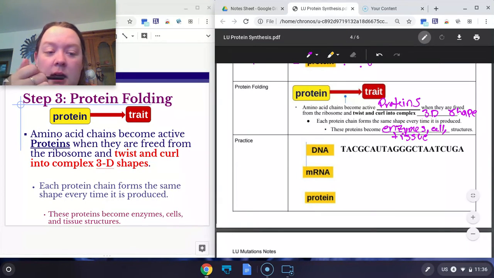It could be an enzyme that helps break down food. It could be many different types of things. Remember, everything in our body is controlled by protein. So your hair color, the functioning of your digestive system, everything is controlled by proteins. Proteins do the main job in our bodies. So there are many different things that proteins could do or become.